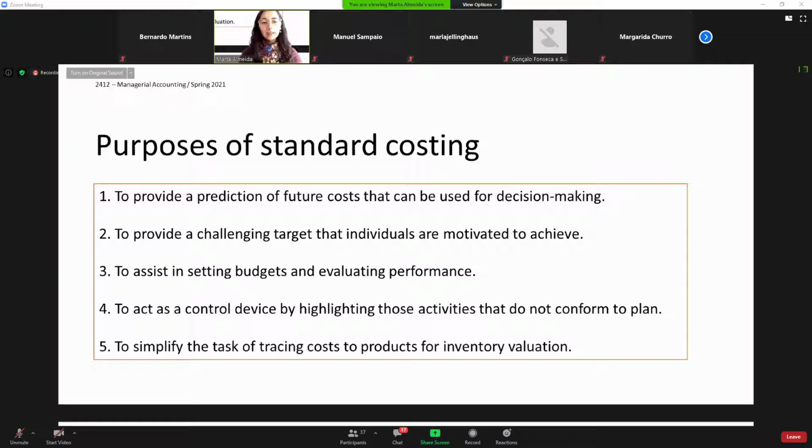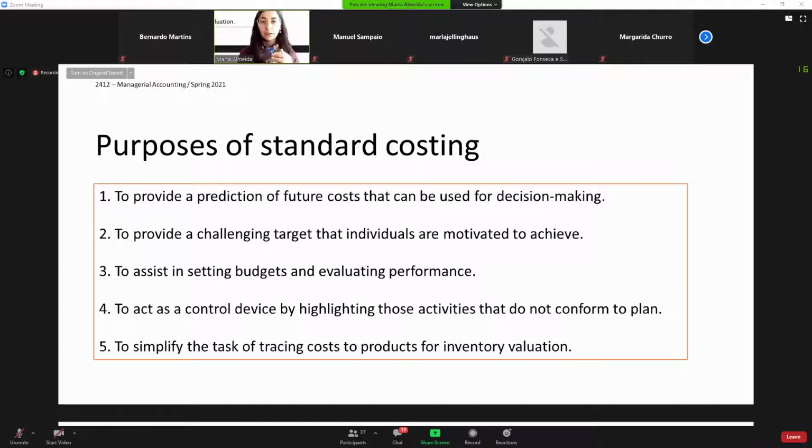It also acts as a control device, so the company can identify activities that did not conform to what was expected. The purchases manager managed to purchase the materials at the standard cost, but something was still going wrong. We identify what went wrong, and it was not the purchases manager, it was direct labor.